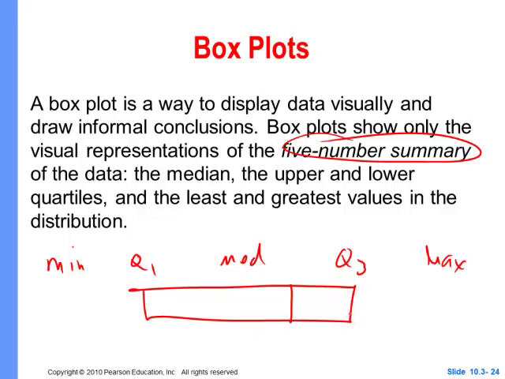You put whiskers that go out to the max and to the min. It's a box plot. Okay. And the width of the box, how long the box is, that's the IQR. So those are the 5 numbers in the 5-number summary.